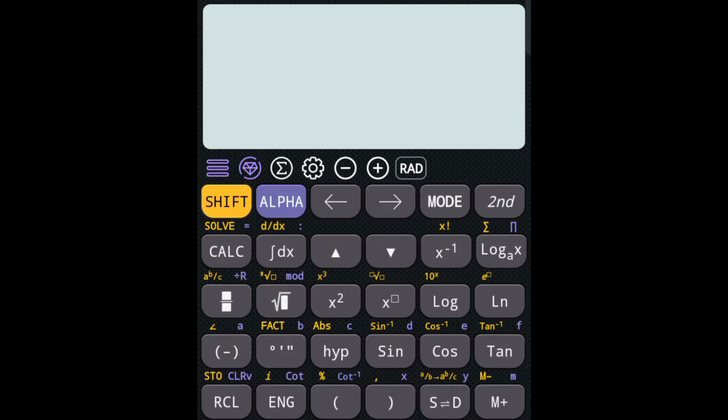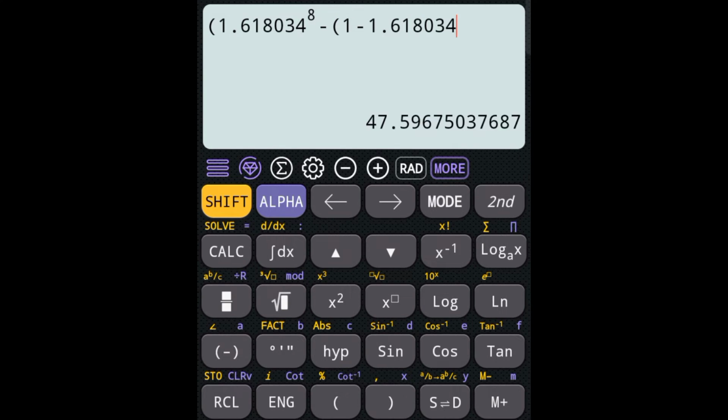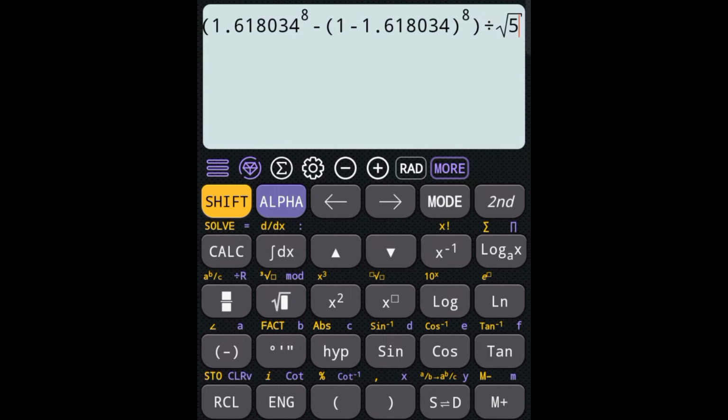F sub 8 is equal to, open parenthesis, 1.618034, exponent 8, move it sideways, then minus, another open parenthesis for 1 minus the value of phi, 1.618034, close parenthesis, then exponent 8, move it sideways, then divide it by the square root of 5.